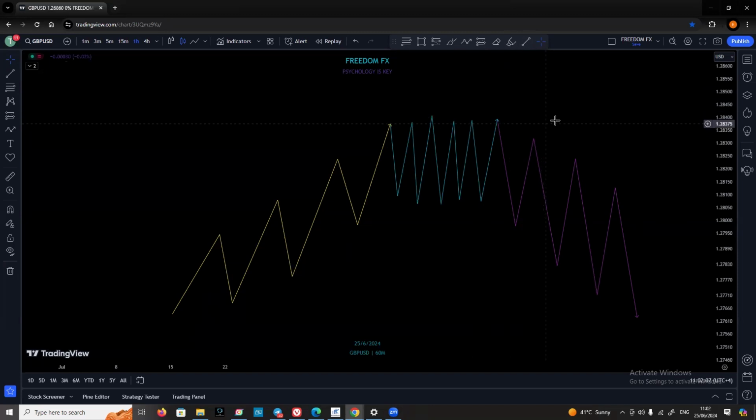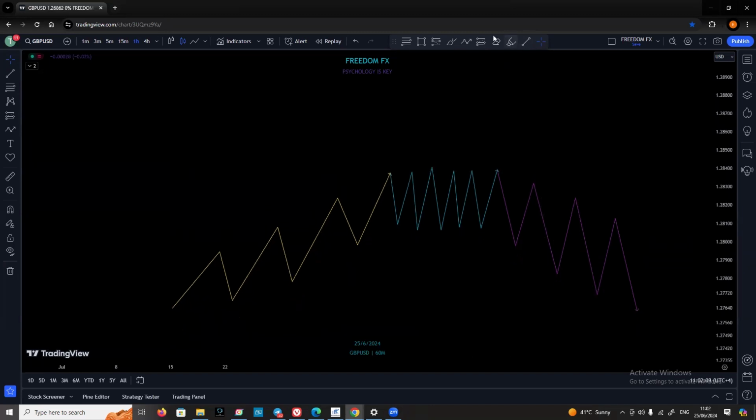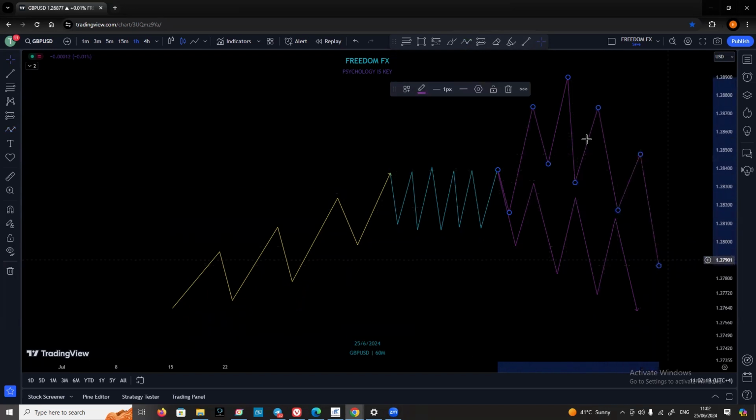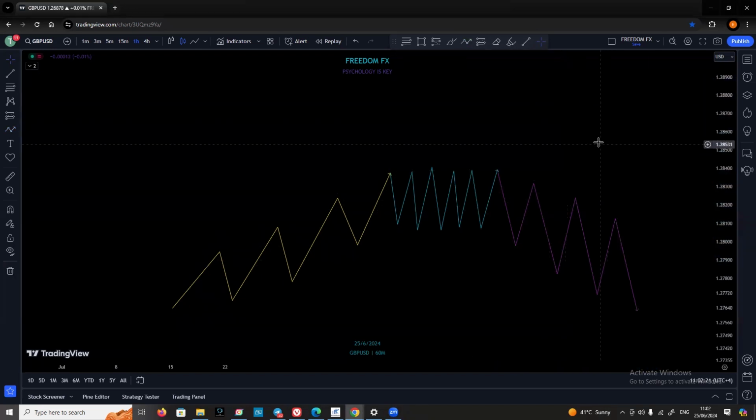It's either it consolidates and breaks out and continues to the upside, or price will simply shift structure to go bearish in the opposite direction. So we need to know that these three phases of the market are very, very essential for anyone who really wants to succeed in this market.